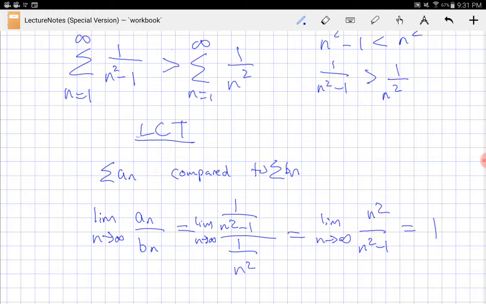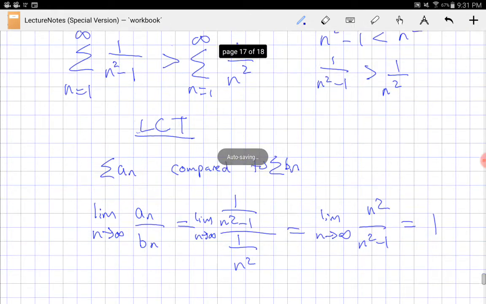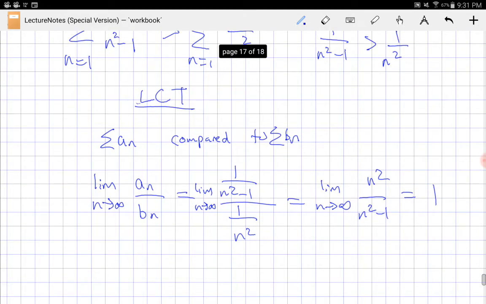And we know this is equal to 1, which means that at some very large term, a_n is a multiple of 1 of b_n. And so we can say that a_n has what we call the same behavior as b_n.